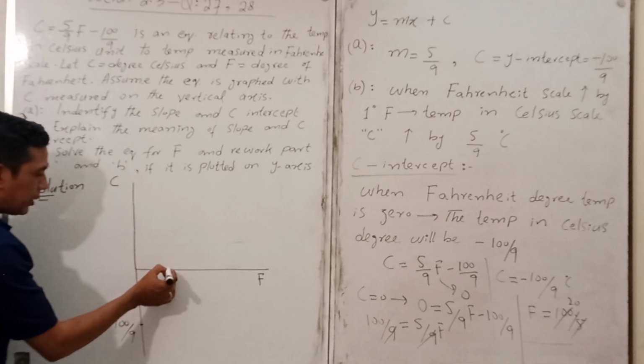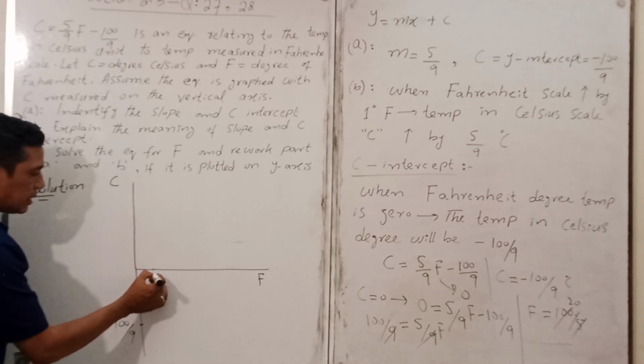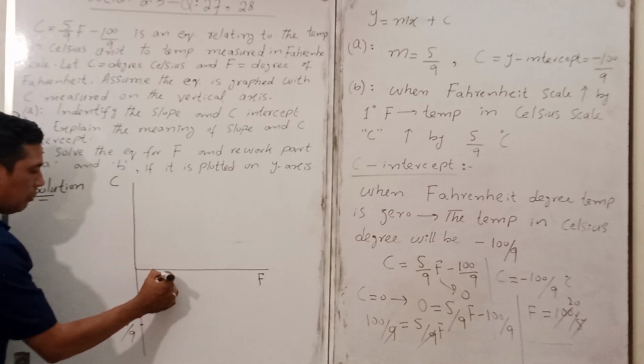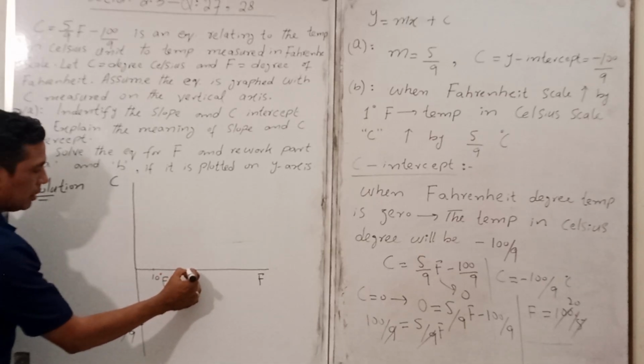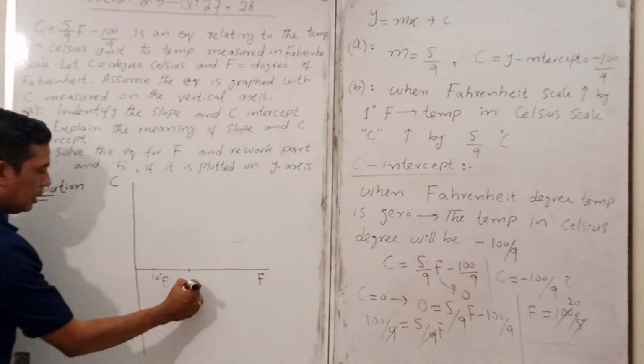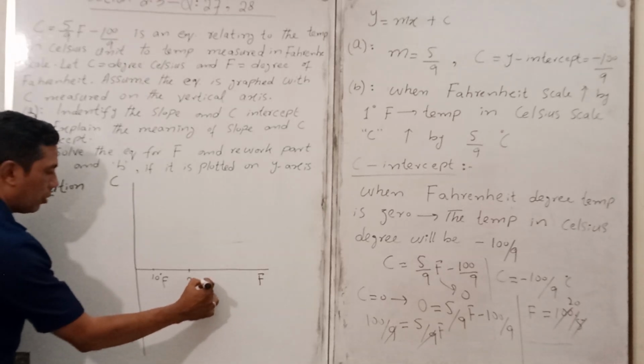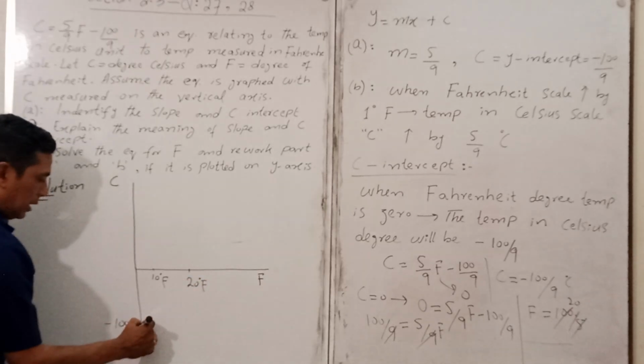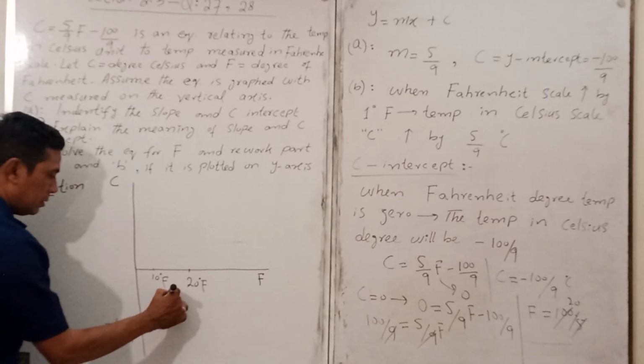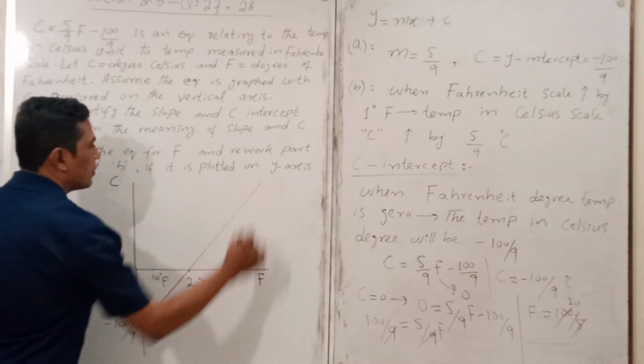So I am just going to mark here, for example, let's say, 10 Fahrenheit degree, and I just mark here, this one is, for example, 20 Fahrenheit degree. So you can plot this line in this way.